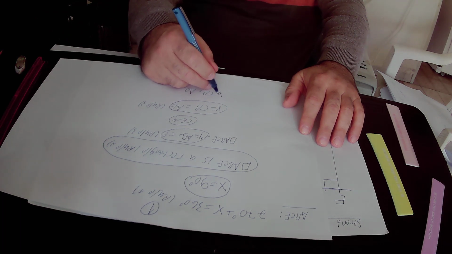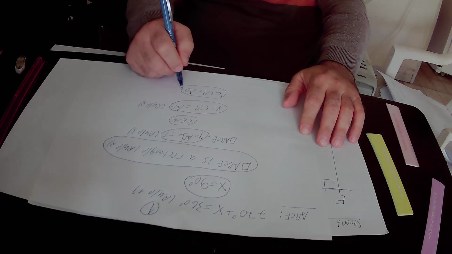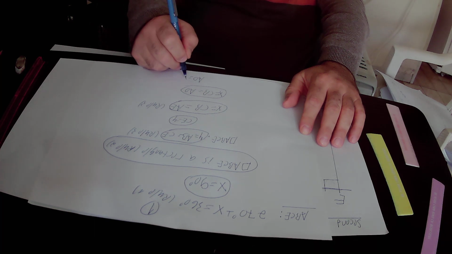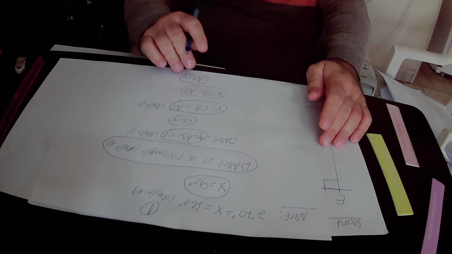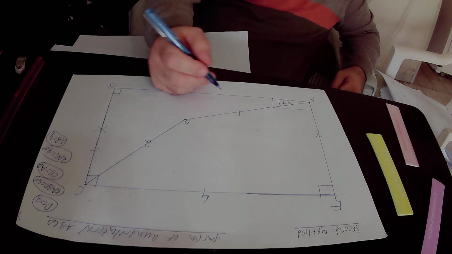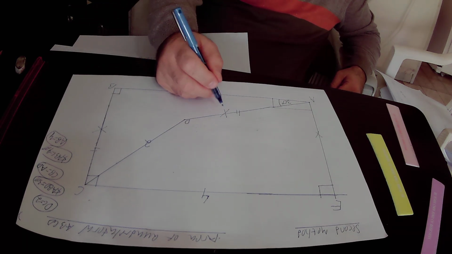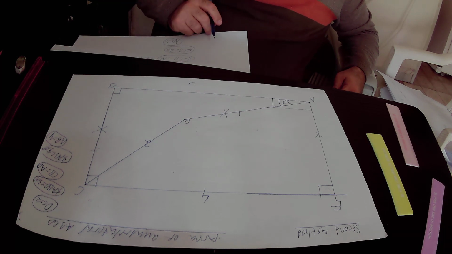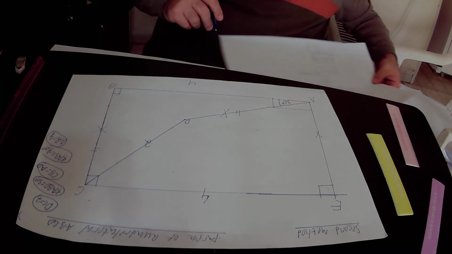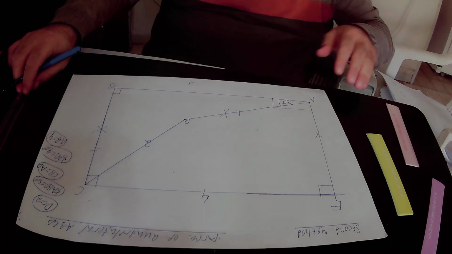From this equation, we will derive that AD also equals X. Here AD equals X. In the next step, we will join together points E and D by a straight line.